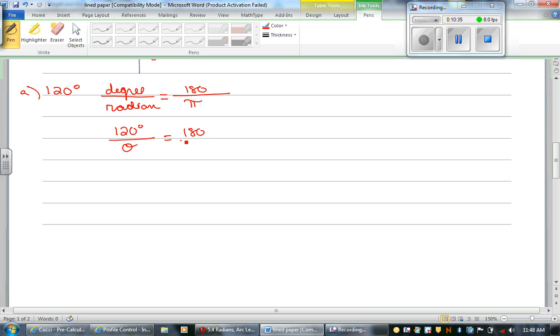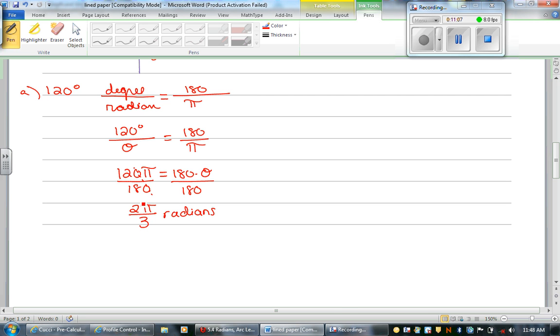I'm going to simply cross multiply, giving me 120 pi equals 180 theta. I'm going to divide both sides by 180 and then reduce this fraction. Those zeros go away, 12 over 18, which reduces to 2 pi over 3. So 2 pi over 3 radians.